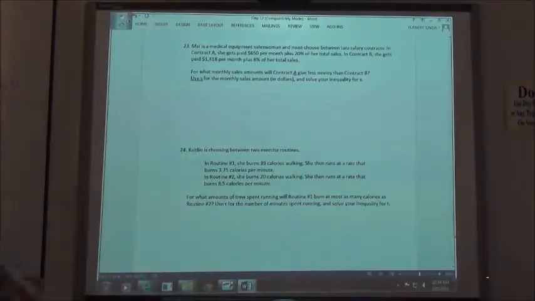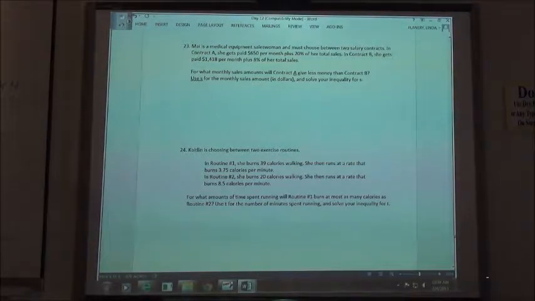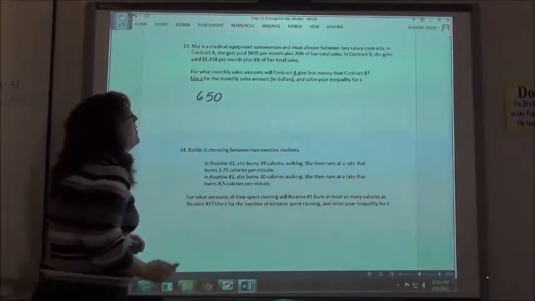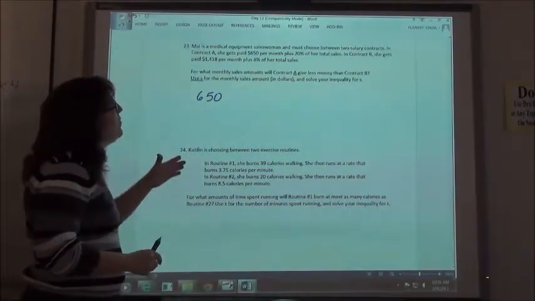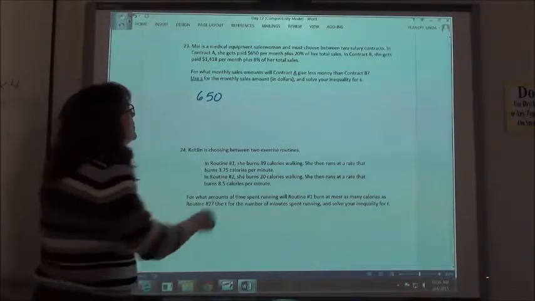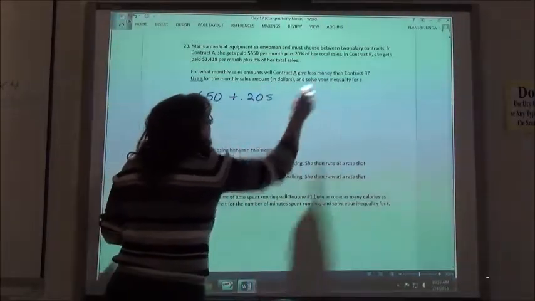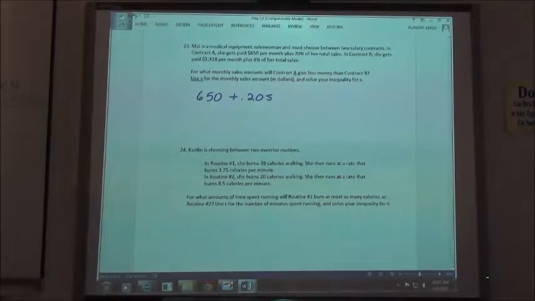Ma is a medical equipment saleswoman and must choose between 2 salary contracts. In contract A, she gets paid $650 per month plus 20% of her total sales. So plus 20% of S, because it tells me to use S for her sales.